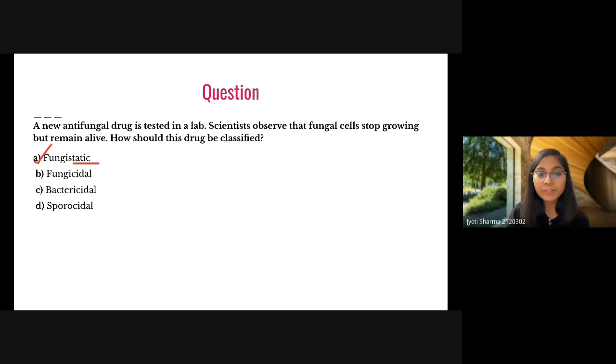If we are killing the fungi, then this would be fungicidal. If we are killing any bacteria, this is bactericidal, and if we are killing any spores of bacteria, or let's say fungi, this will come under sporocidal. But if we are just resisting the growth of the fungi, then this will be fungistatic. So that's why A is the right answer.